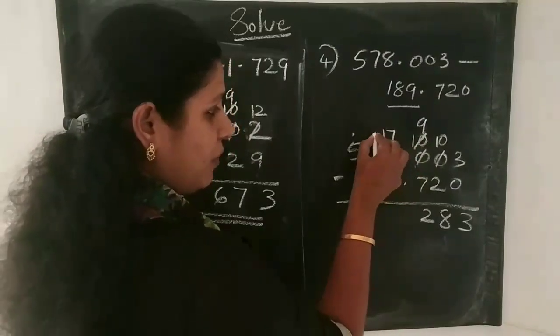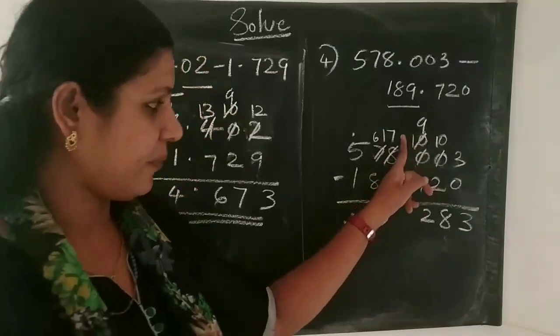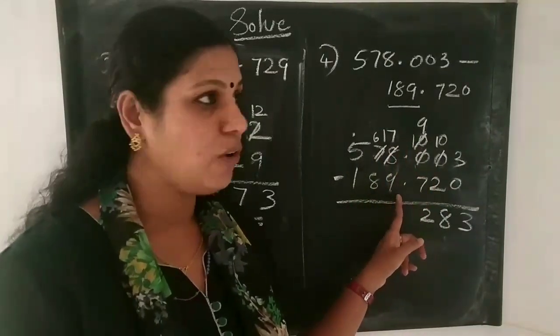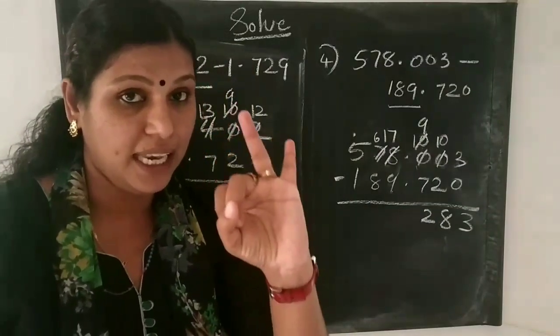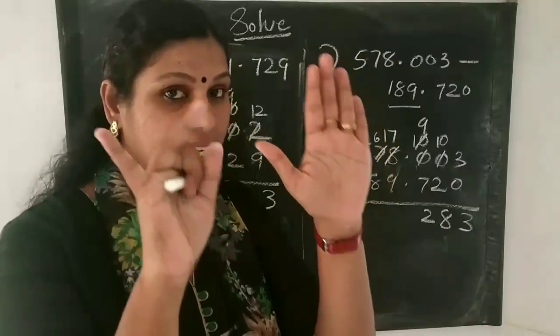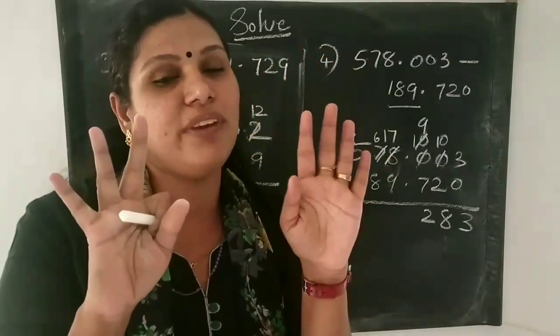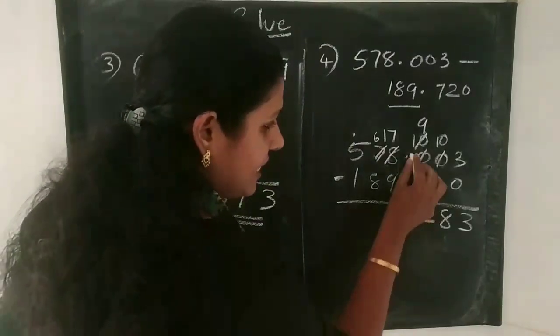Here the 7 is now 6. Here we get 17. After 9, count up to this 17. After 9, 10, 11, 12, 13, 14, 15, 16, 17. So we get 8. So we write here 8.